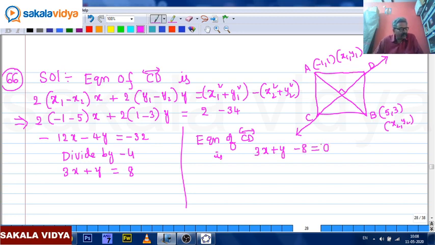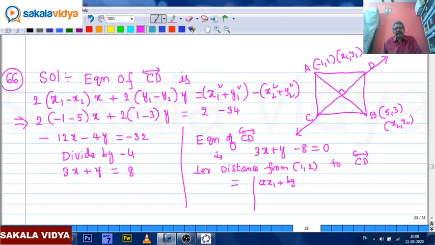So the problem has not been solved yet. We need to find the perpendicular distance from (1, 2) to CD, which equals the formula mod of (ax1 plus by1 plus c) by root of (a square plus b square).